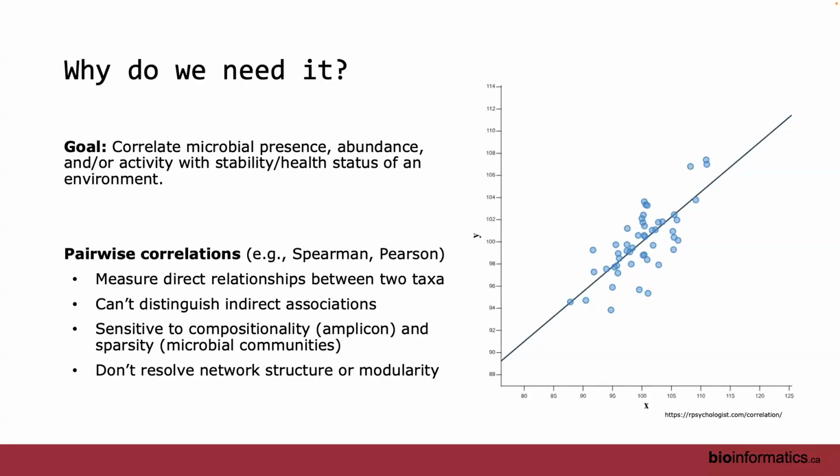And so these types of pairwise comparisons are not particularly good for trying to glean those types of interactions. It's very challenging. They're also very sensitive to compositionality, which is something we've talked about a lot during this workshop. Amplicon data is compositional, and so these methods are not going to be particularly good.